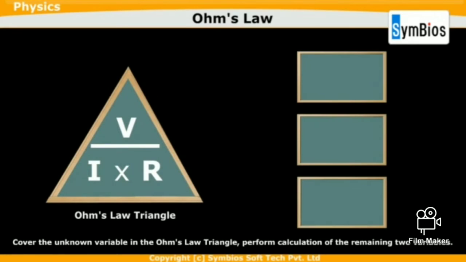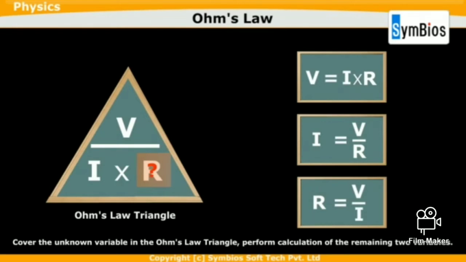For example, to find the value of V, we will cover V and we get the equation V is equal to I into R. When we cover I, we get I is equal to V by R. When R is covered, we get R is equal to V by I. Thus, we get three important equations using the Ohm's law triangle.